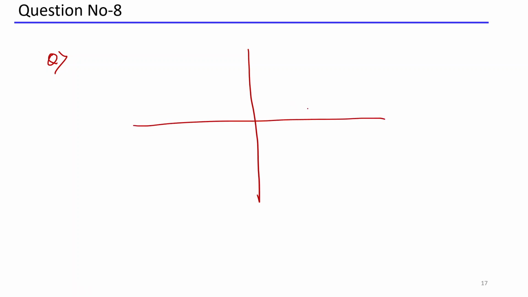Suppose this is the polar plot, and this is the mirror image. This point is 1. This point value is K. The plot starts like this, and this is the mirror image which is ending at this point.